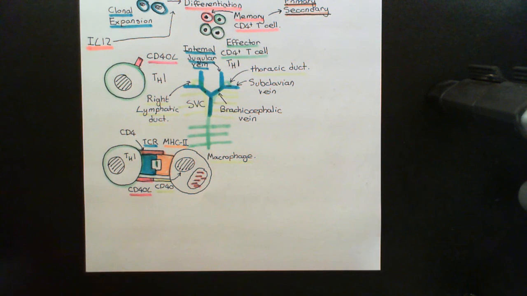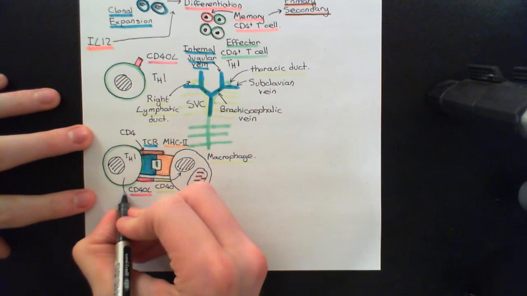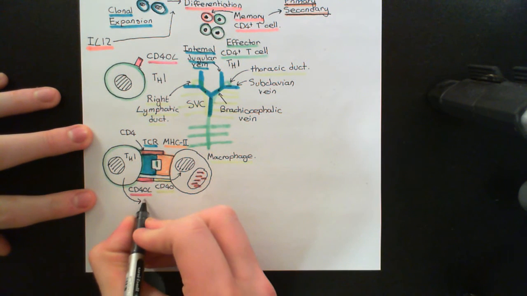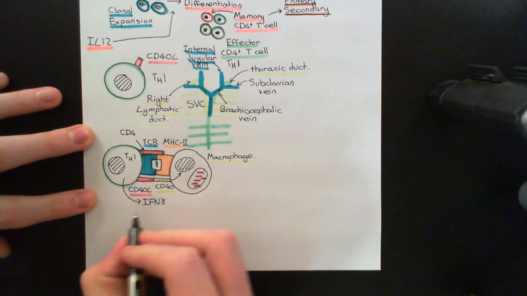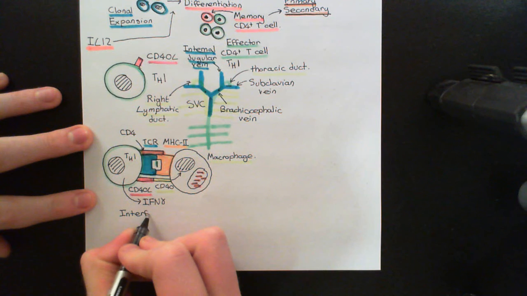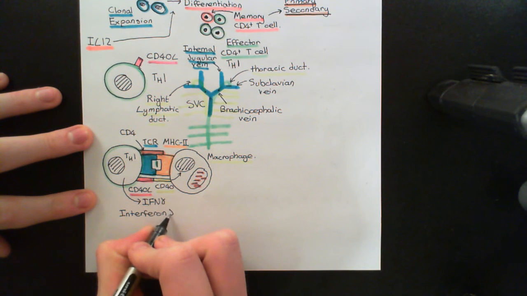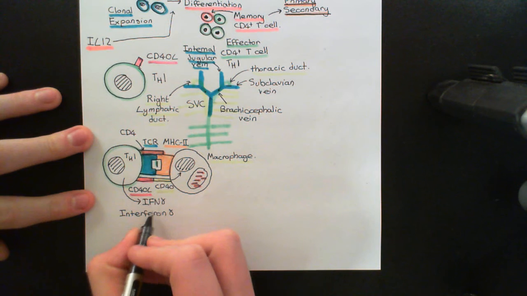There is another thing that the T helper 1 cells do to activate the macrophages, which is that they release a molecule known as interferon gamma, which for short is called IFN gamma. So this is interferon gamma in full: I for inter, F for fer, and then N for on.